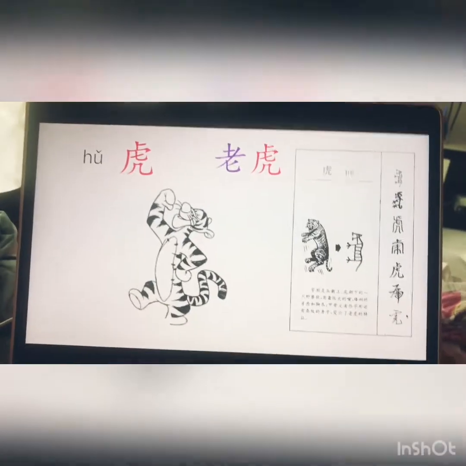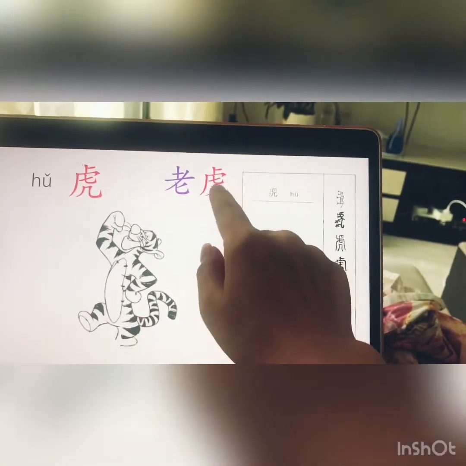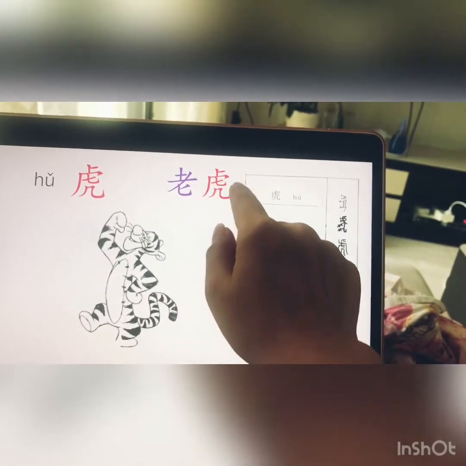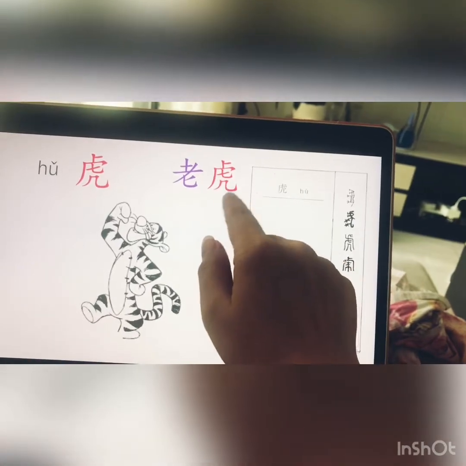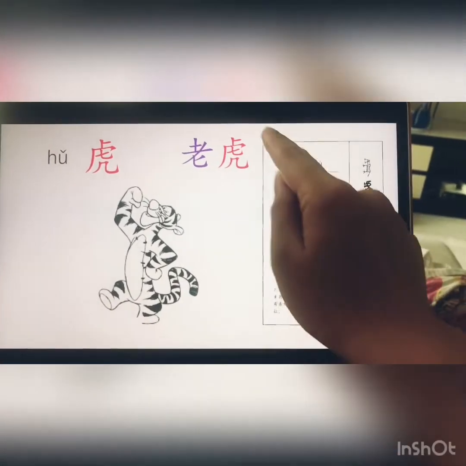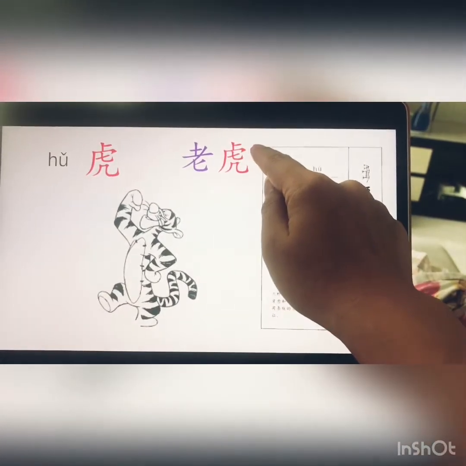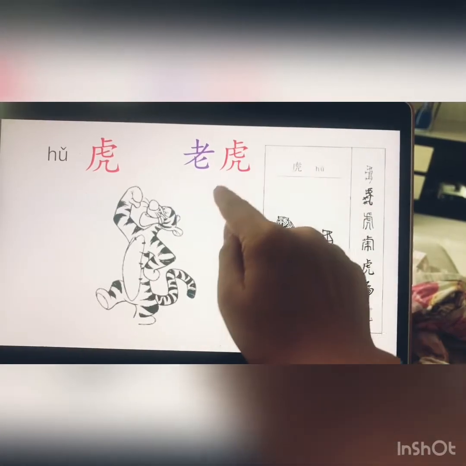So look at the 虎 here. This is number 7. Remember, number 7, and this is 几. Remember 几口人, 几岁, when we talk about family members. On the top here, maybe you can think of this as the head of the tiger, and this is the tail or the body shape of the tiger.